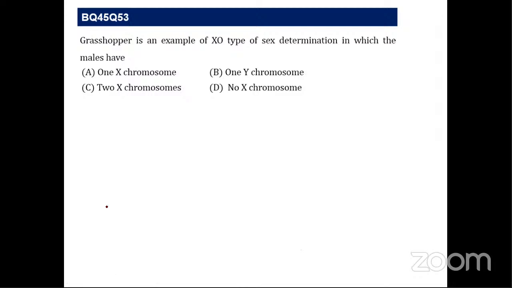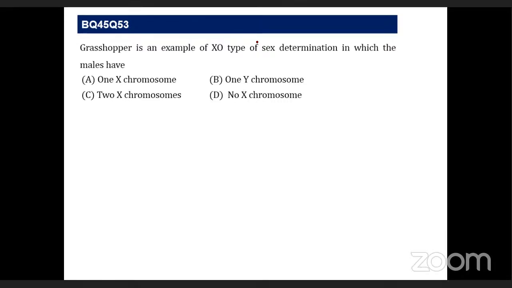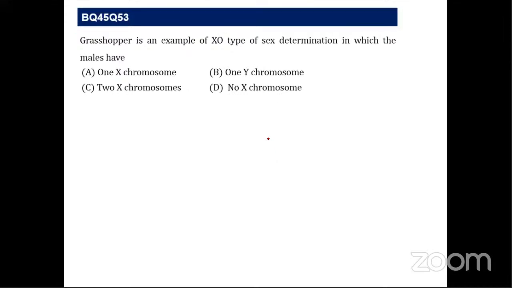All right. Moving on to the next question. Grasshopper is an example of XO type of sex determination in which the males have. Yes, everybody put the answer in the chat box. This is an easy one. Right, Darshini, Kashish, correct answer.